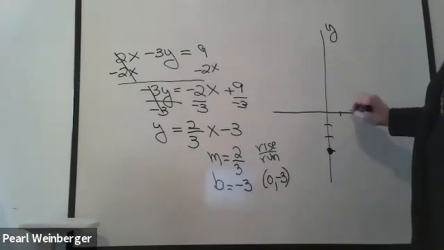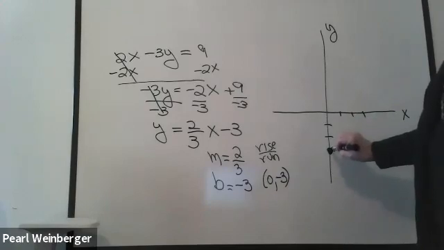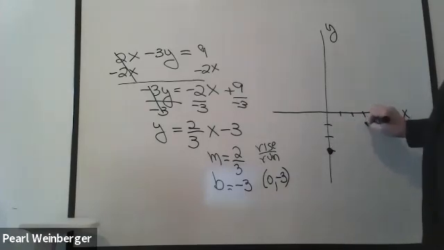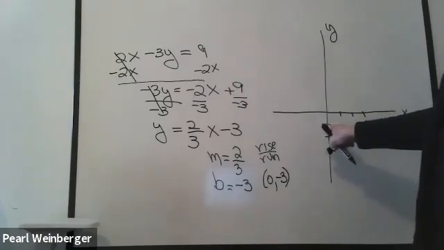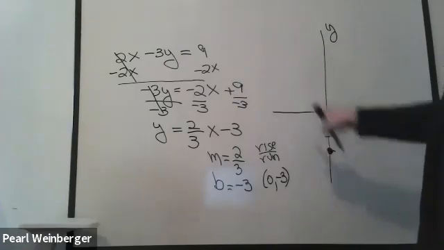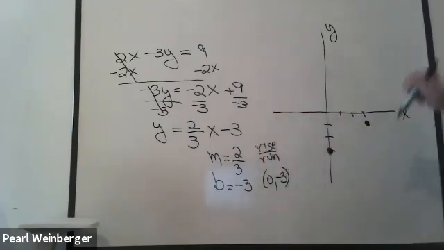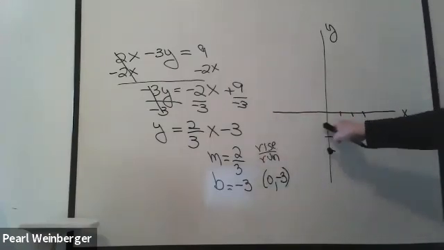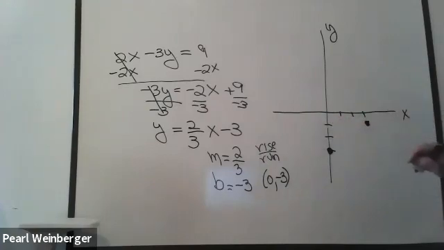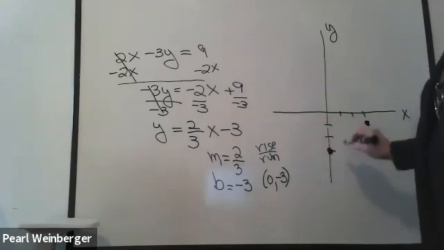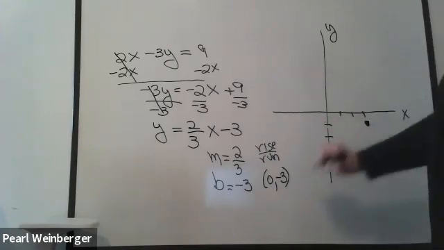Run 3, 1, 2, 3. Notice I don't make a dot until after I do both the rise and the run. I have to go up 2, 3 to the right. That would have been enough to draw the line.